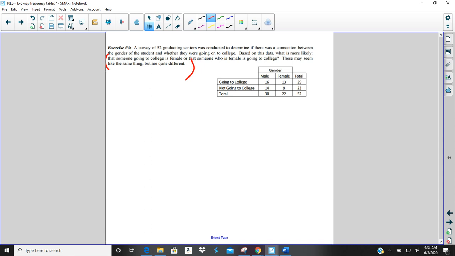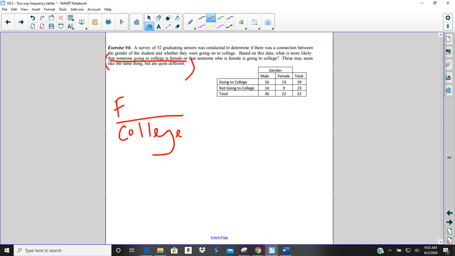The first thing you want to know is that someone who is going to college is female. So the given here, think about it for a minute, is going to college. So I'm going to say college is my given. And what's going to be on top? Female.